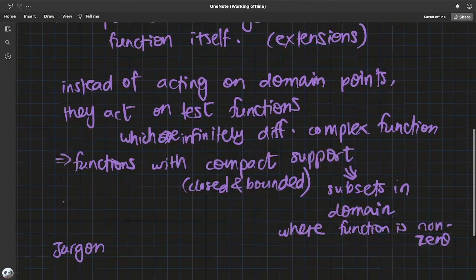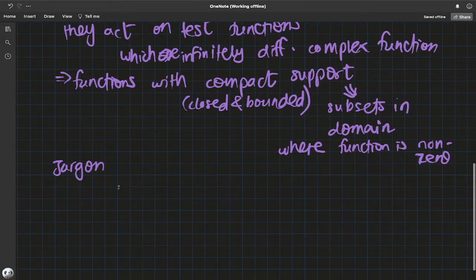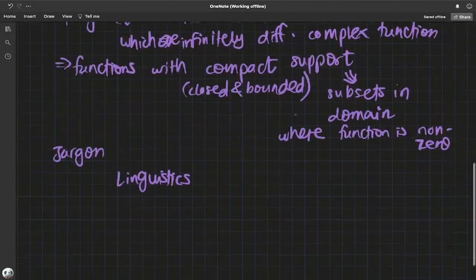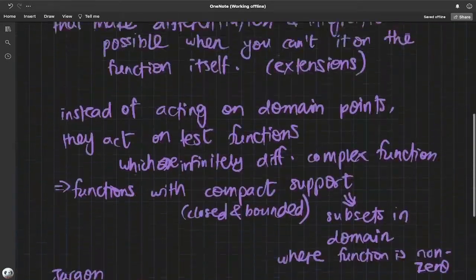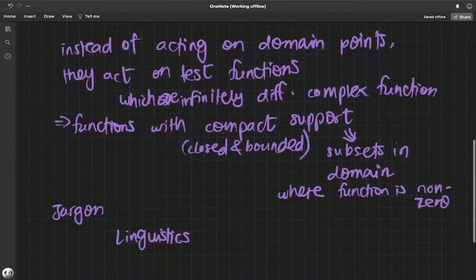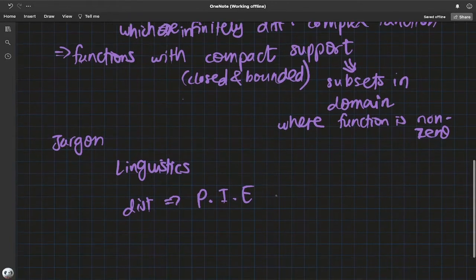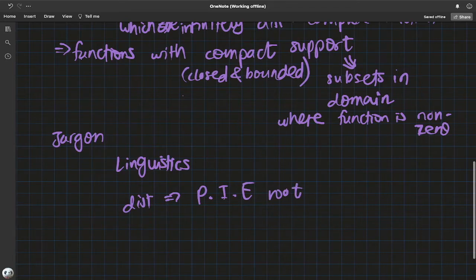But what I like to do is give a linguistics analogy for what I mean by generalization of functions. Think of the distributions idea of generalization of functions as the Proto-Indo-European root. It's not really a language; it's a root.